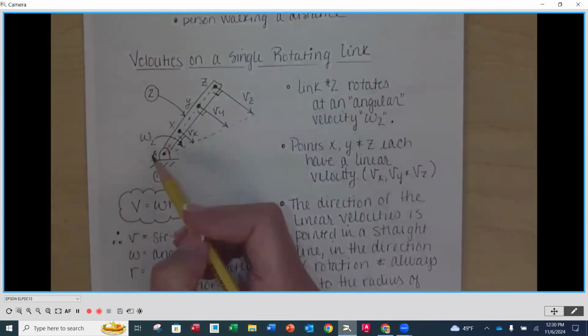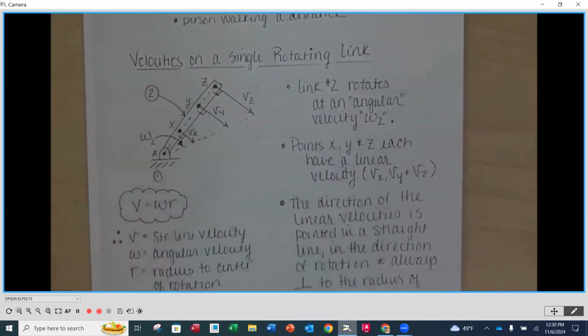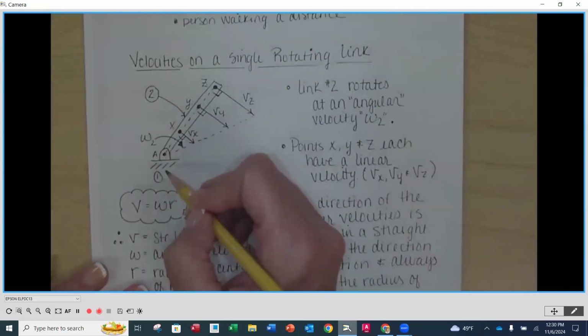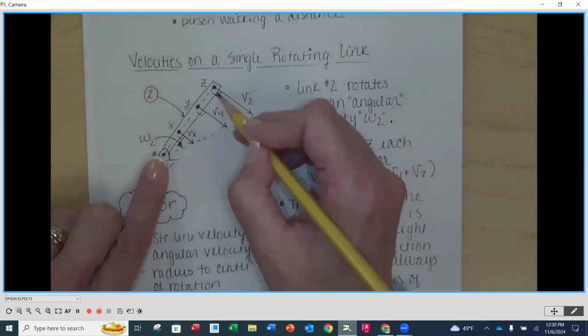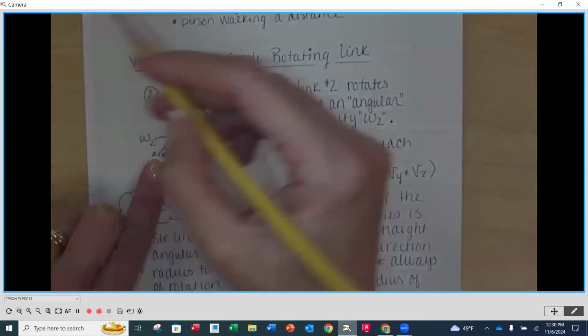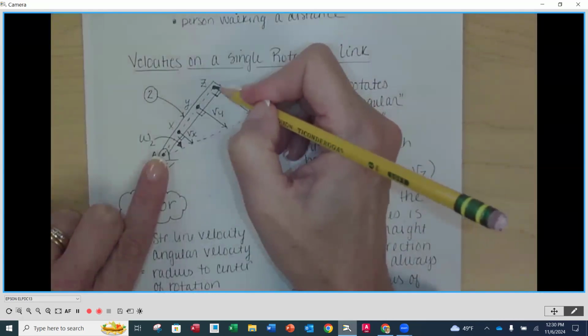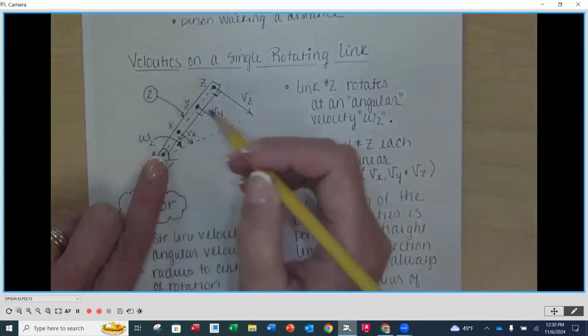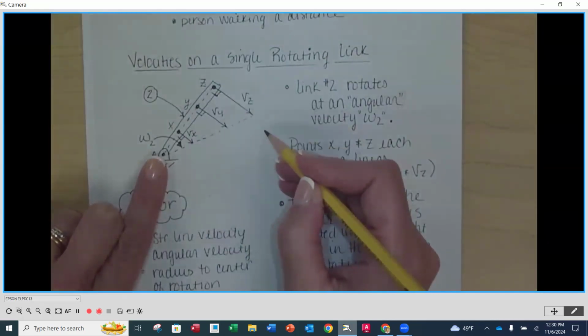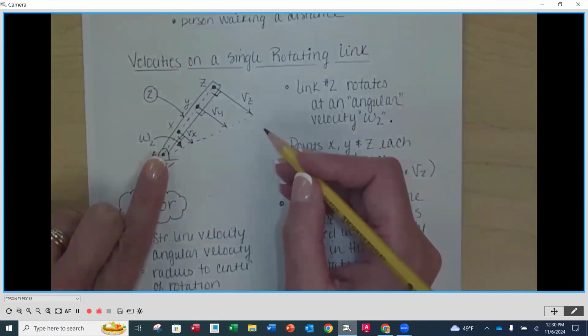Since the angular velocity is rotating this link clockwise, if it goes around and around and we suddenly stop right in this position, and let's say points Z, Y, and X are not affixed and are free to continue to travel, this link would stop and they wouldn't continue to travel in a circle. They would continue in a straight line, right? I'm certain you have seen that in physics along the way.